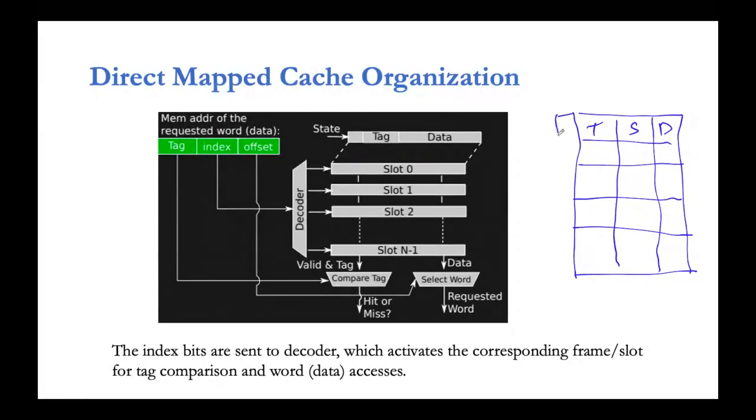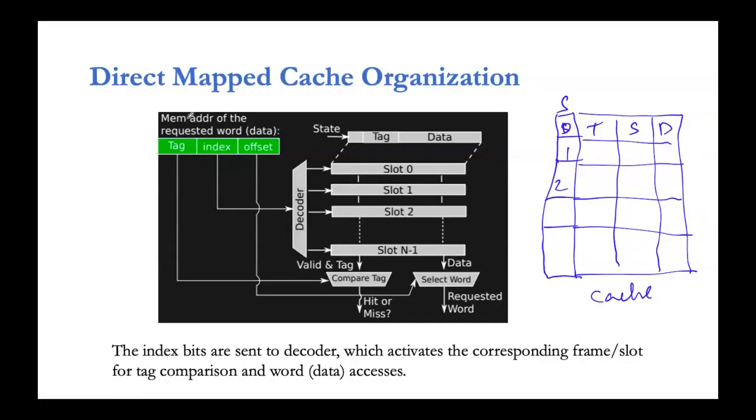Along with that, you have the frame index, which we call slots. The 0th slot, 1st slot, 2nd slot, or we call it the frame index also, right? This is how direct mapped caching works.